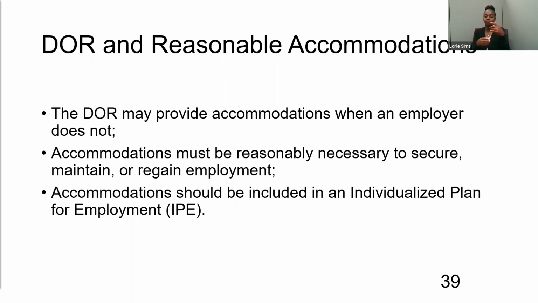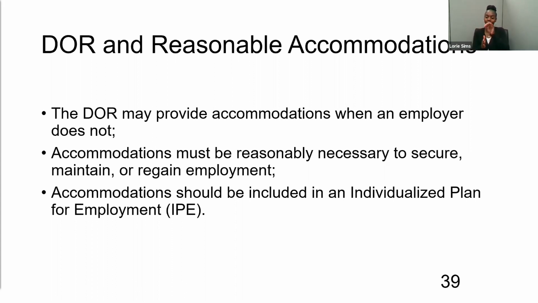But in circumstances where the employer isn't providing an accommodation or may not be obligated to for whatever reason, the DOR can step in. One thing that I think is important to note is that the DOR is generally only going to provide services to help someone achieve the employment goal that's listed in their individualized plan for employment, or IPE.